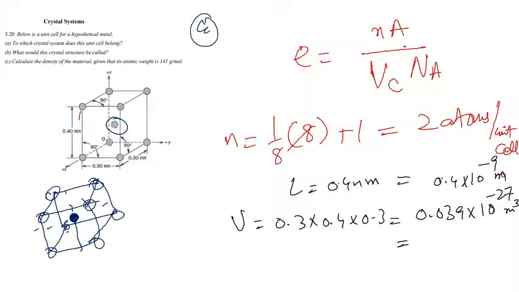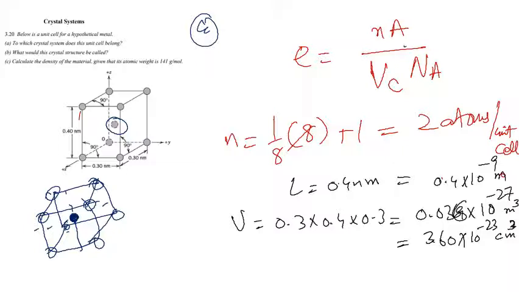So what should I do? I should simply multiply this with the help of the conversion, which is 10 power 6. When I convert to centimeter cube, it gives us 3.60 into 10 raised to power minus 23 centimeter cube.